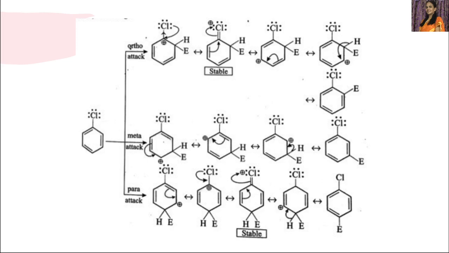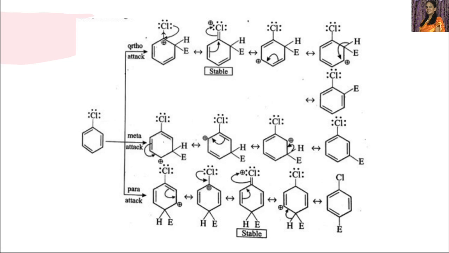These are all the groups which are ring deactivating groups, and they decrease the electron density on the benzene ring at ortho and para positions. Because of that reason, the electrophile goes to the meta position. In the case of the chlorine atom, though it is a ring deactivating group, the incoming electrophile goes to either ortho or para positions because of the plus M effect of this particular chlorine.